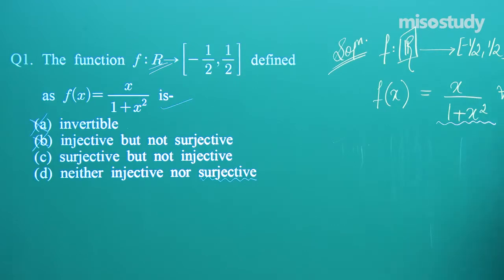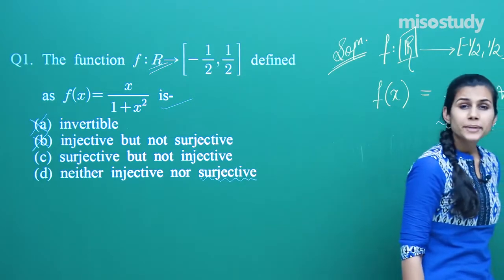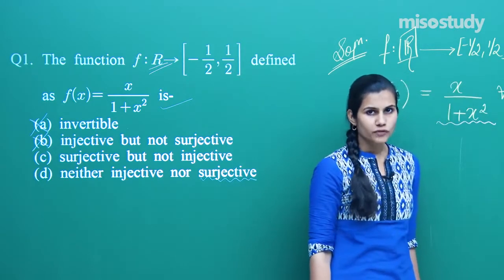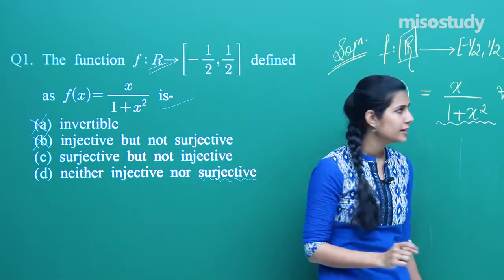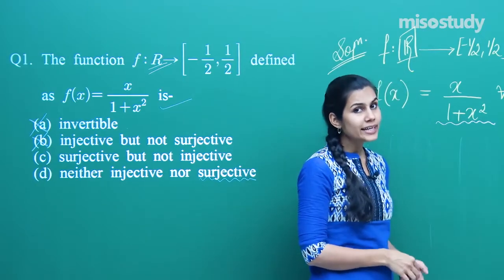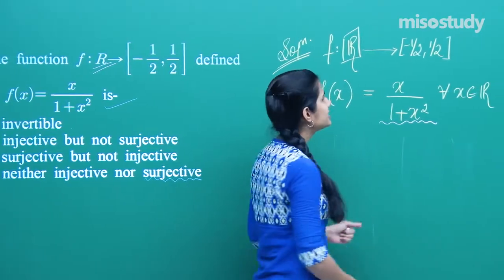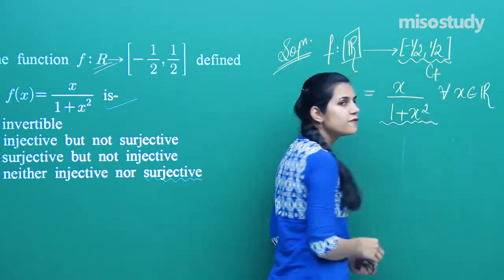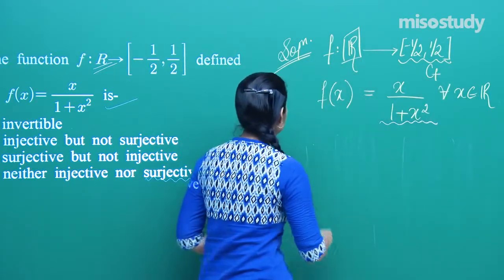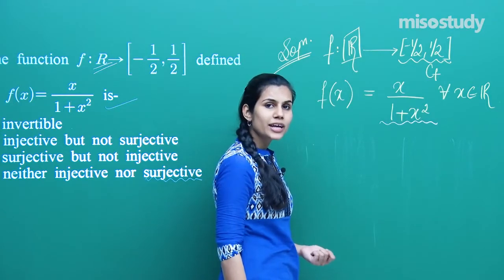Because range being equal to the codomain means that every member of the codomain has at least one pre-image in the domain. So let's get started with finding the range of this function and see whether it coincides with the codomain of f or not. What was the algorithm to find the range of the function?